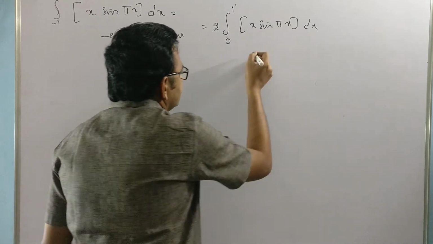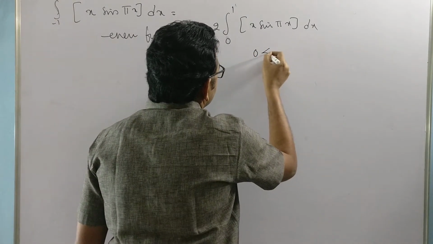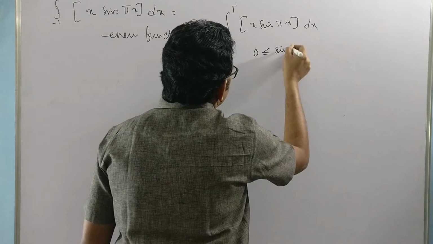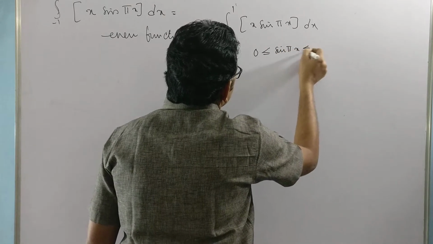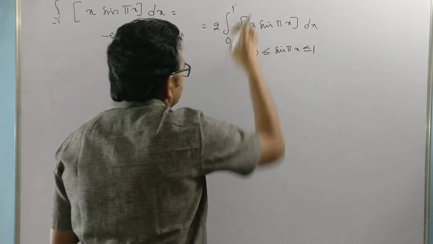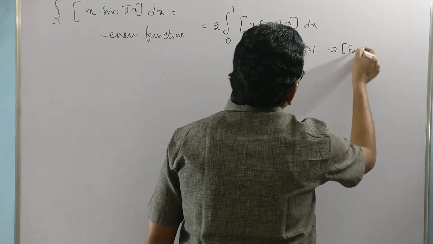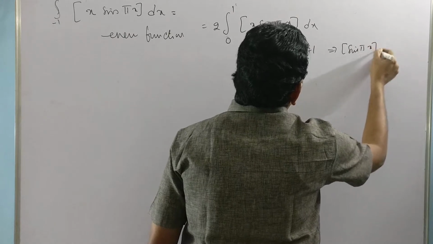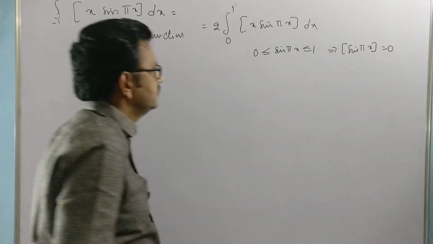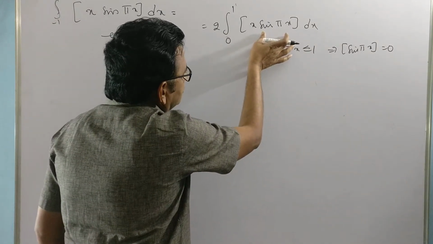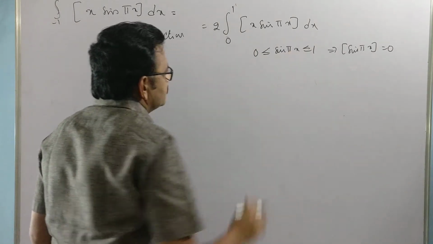Now in the interval 0 less than or equal to x less than or equal to 1, sin pi x is less than or equal to 1. In the interval 0 to 1, step of sin pi x is equal to 0. Therefore, the given integral is totally 0. You know the range of the sine function.